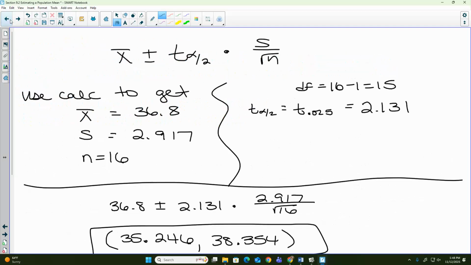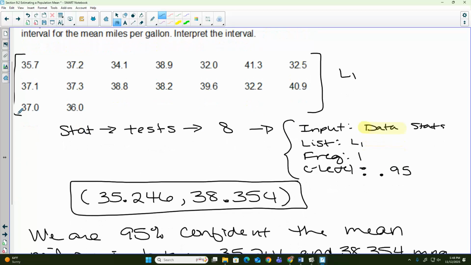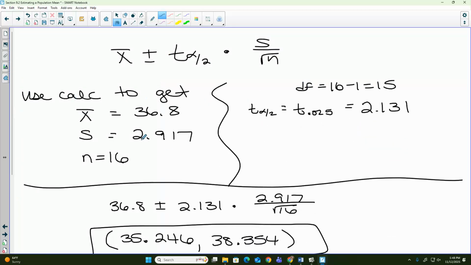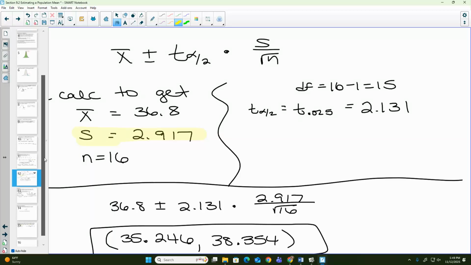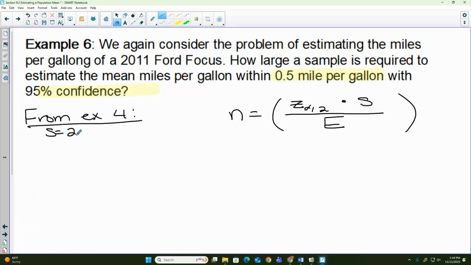That's when we were talking about this set. 2.917. So you would have to have a data set or a population that you're basing that off of. Okay, what is my E? E is our error. How close do we want it to be? 0.5.